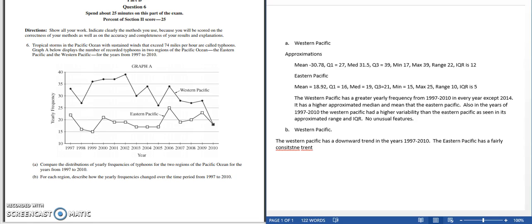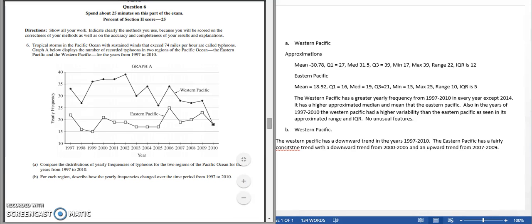I guess there's a slight downward trend from 2000, with a downward trend from 2000 to 2005 and an upward trend 2007, 2009. There are more in this AP question.